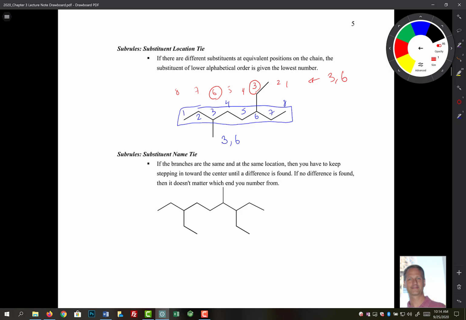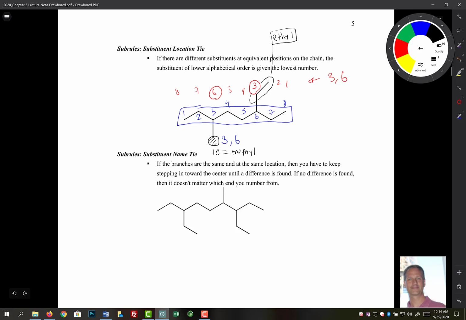So the question is, what do we do? Again, it's the substituent that has the lower alphabetical order that's given the lowest possible number. So what are the substituents? Remember, 1 carbon equals meth, and then we add il. Here we have 2 carbons, so an eth and then an il.